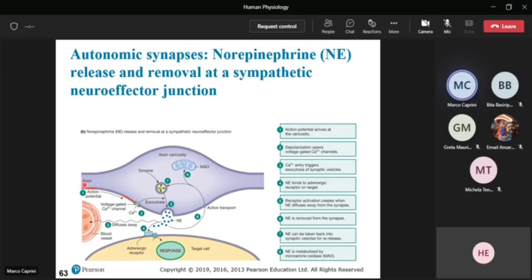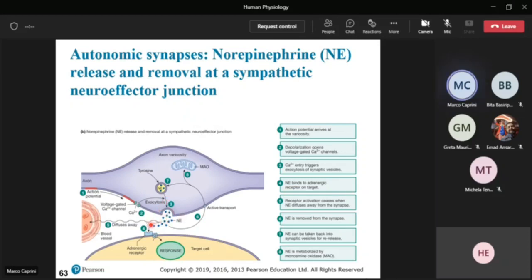When the action potential reaches the varicosity, what happens? A voltage-gated calcium channel opens. Why? Because it's voltage-gated and because the action potential depolarizes the neuron. Calcium ions move inside of the cell, depolarizing the neuron again and more, but the most important thing is that the calcium entry triggers the exocytosis of synaptic vesicles, in this case containing the neurotransmitter norepinephrine.